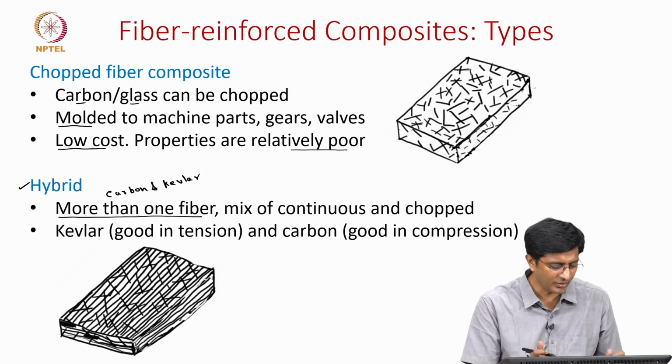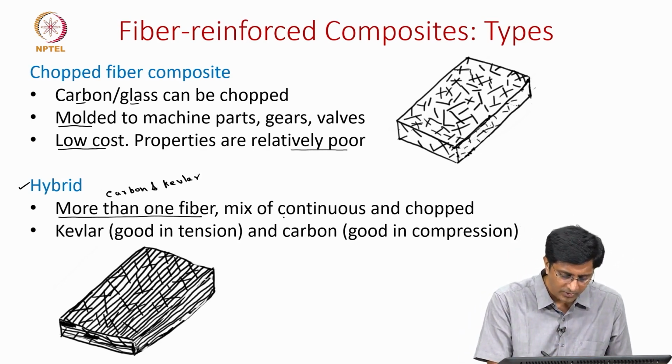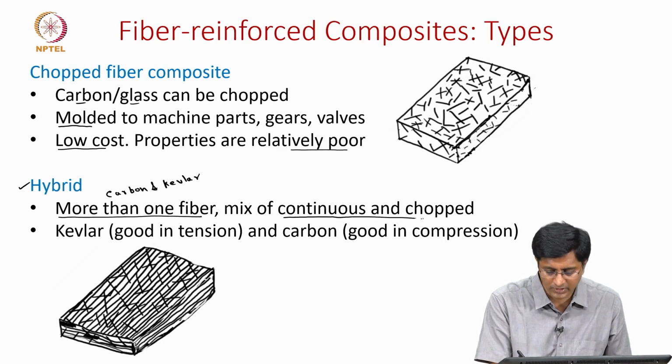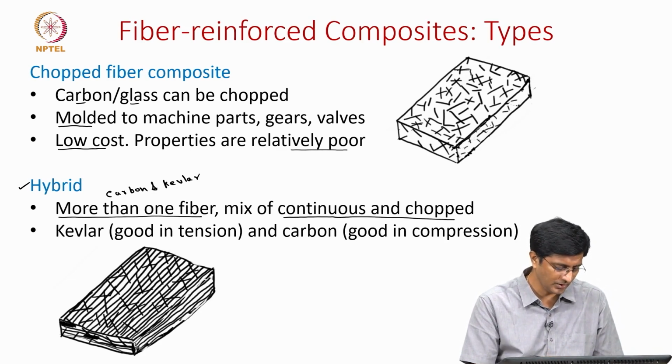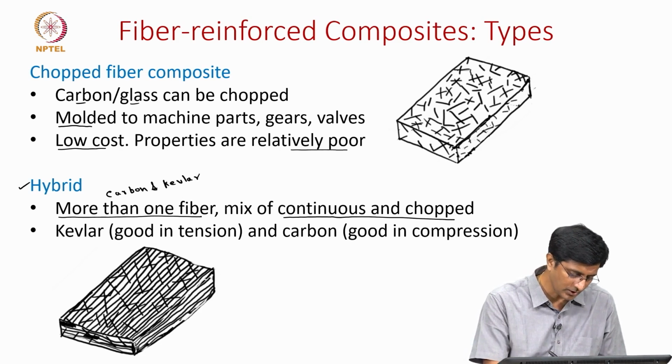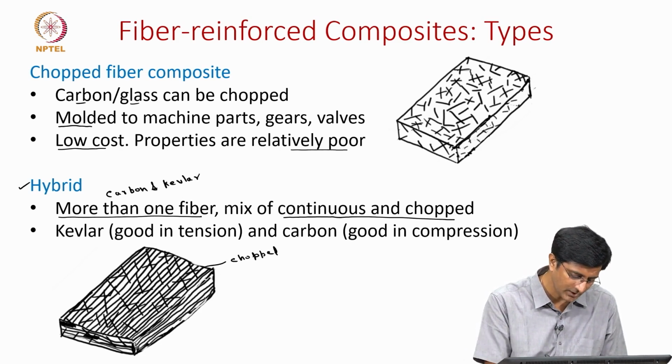The second category of hybrid is where we have a combination of continuous and chopped fibers. For example, the figure shown here shows both the chopped fibers as well as the continuous fibers.